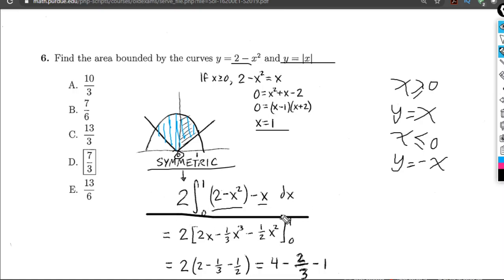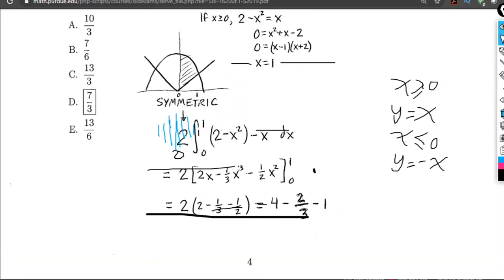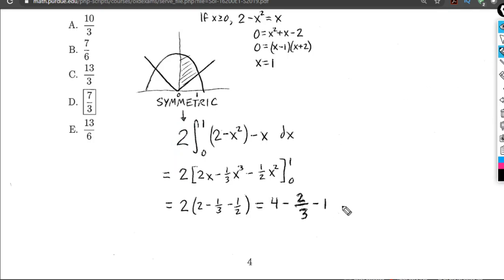Then solving this integral, just integrate this, being 2x, and power rule here with the bounds, and should get, let's see, continue on, should be 2 and 1/3, which is 7/3.